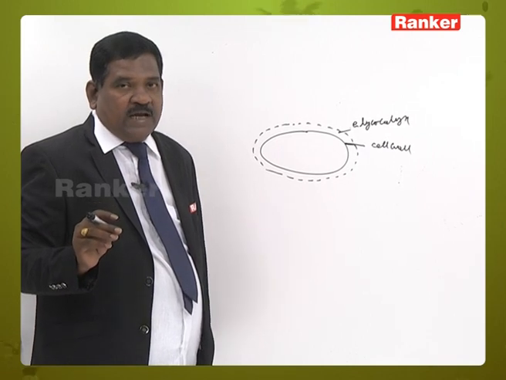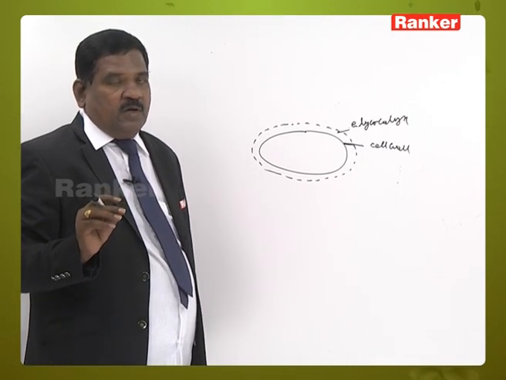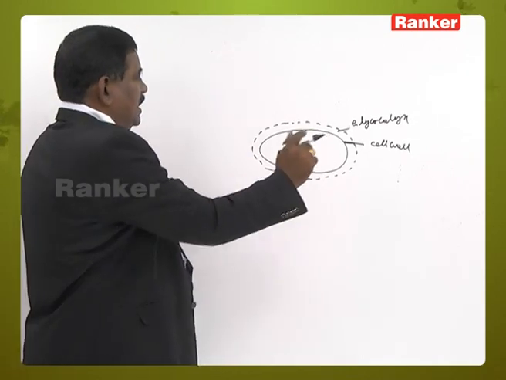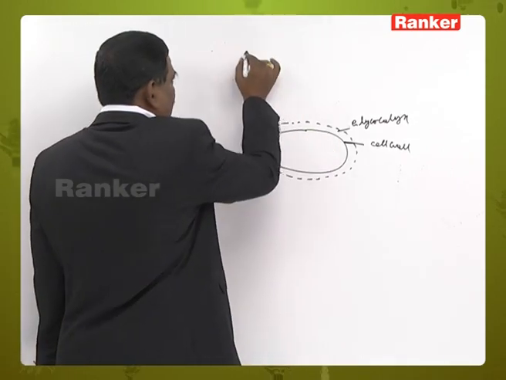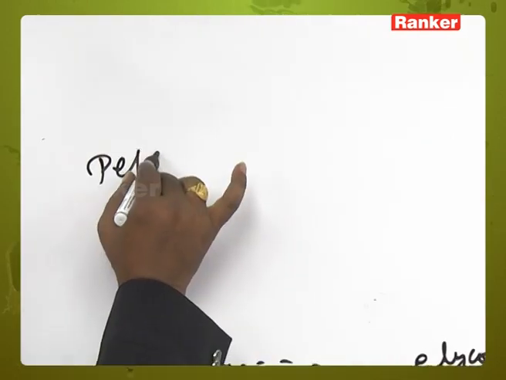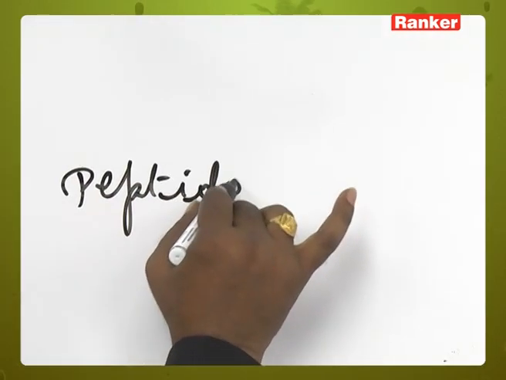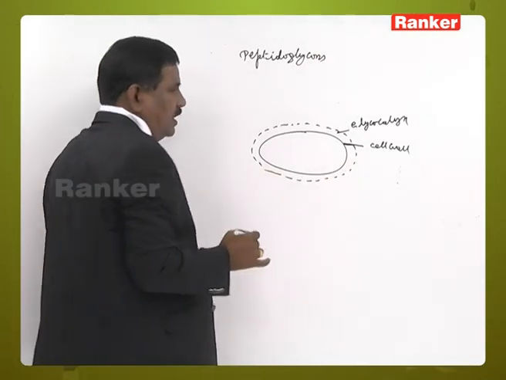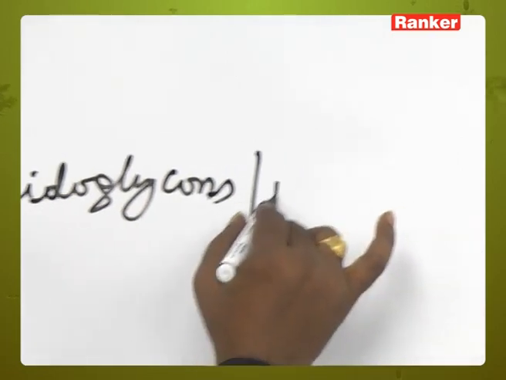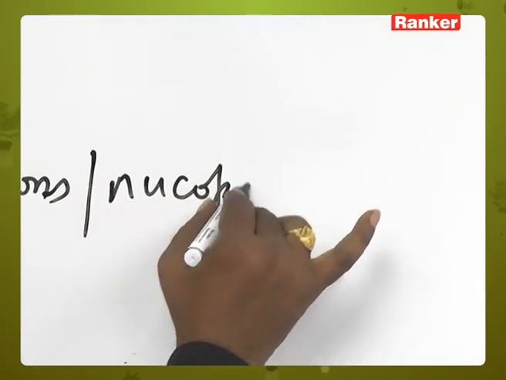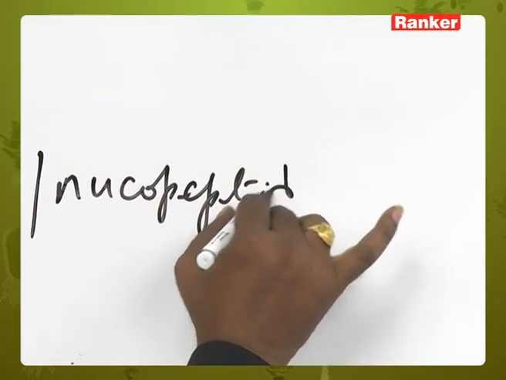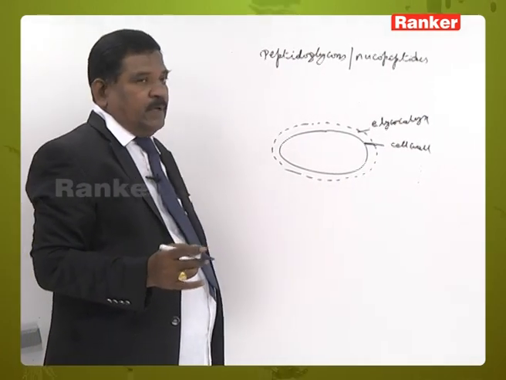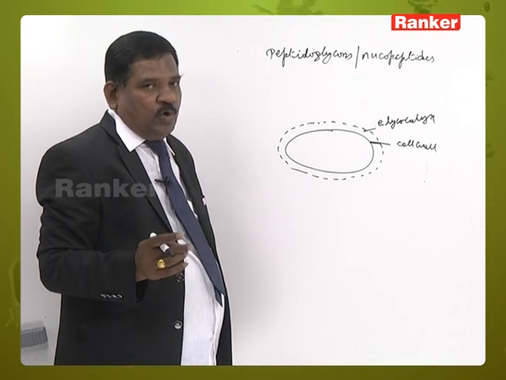Instead of cellulose, the bacterial cell wall is composed of peptidoglycans, also called mucopeptides.